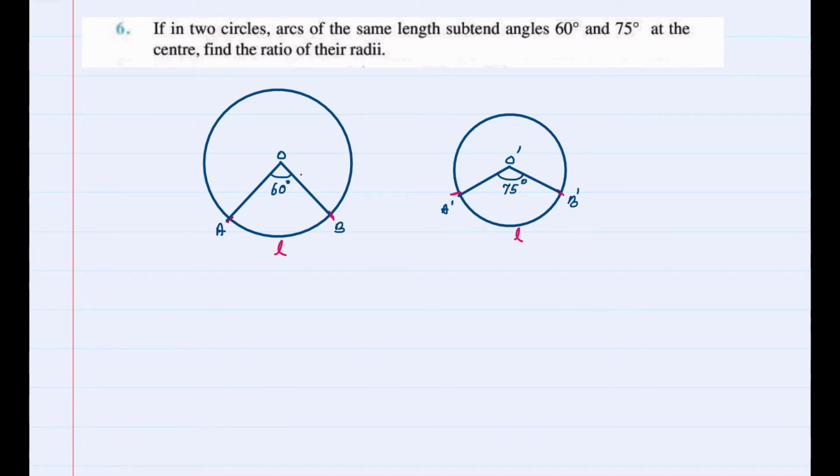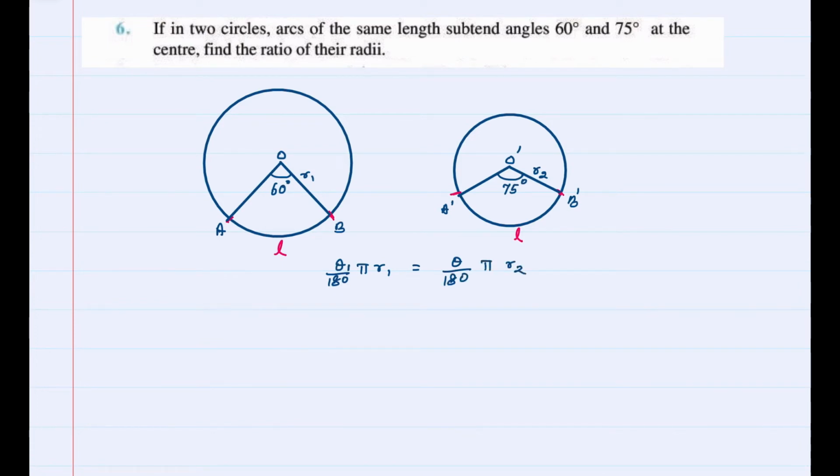We will take the radius of the first circle as R1 and radius of the second circle as R2. Arc length of the first circle is equal to arc length of the second circle. The angles are given in degrees, so we will use the degree formula. Theta over 180 times pi R1 is equal to theta divided by 180 times pi R2.